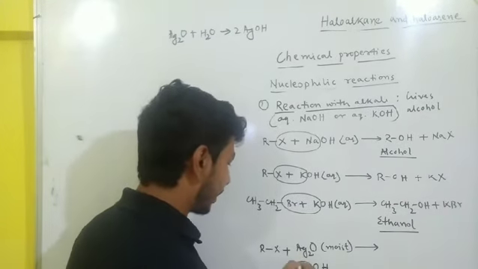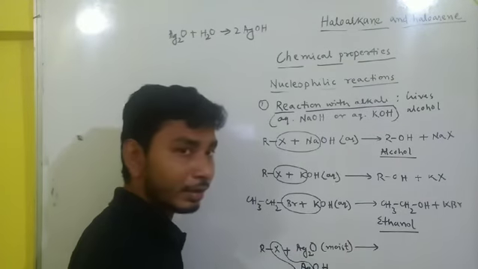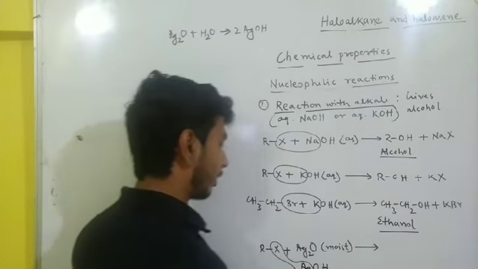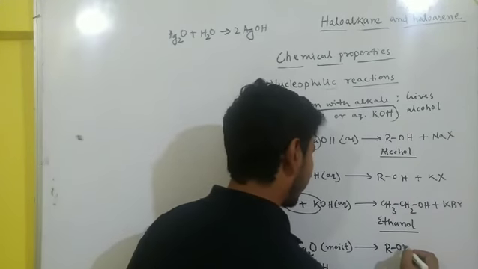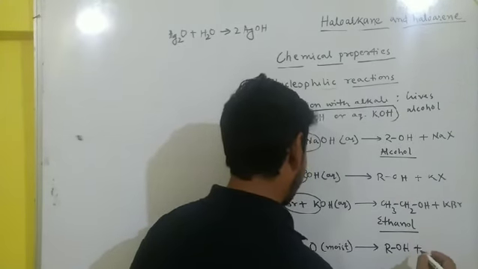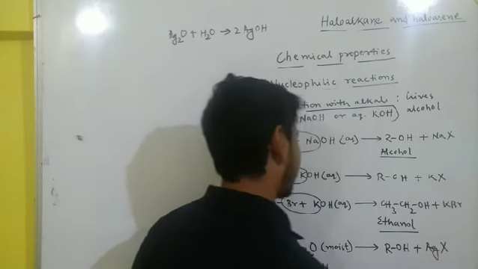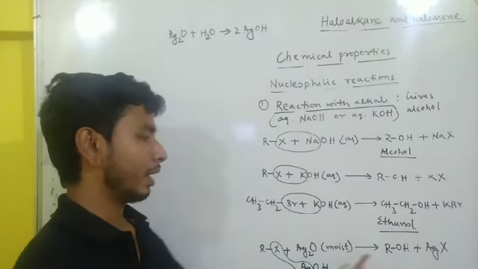So here AgX is eliminated, and here it is R and OH. ROH plus AgX. So it also gives the alcohol.